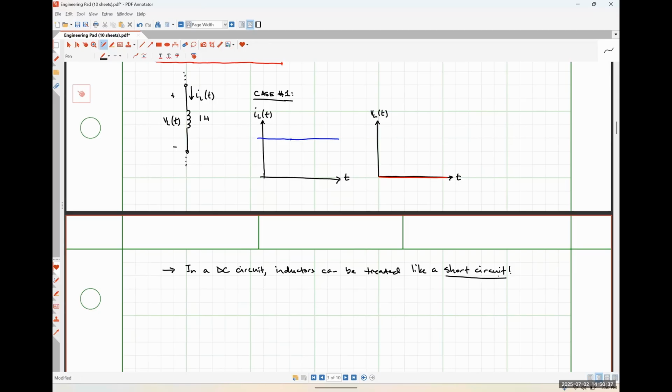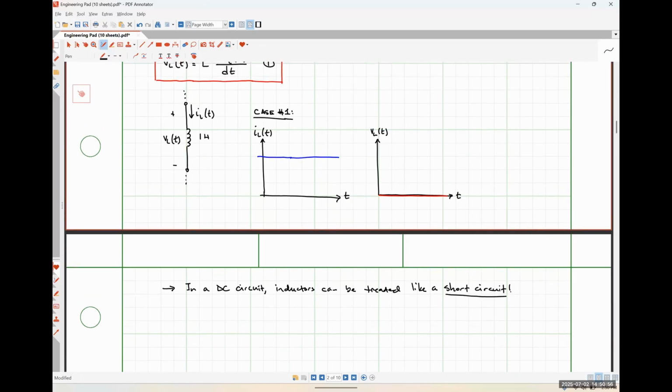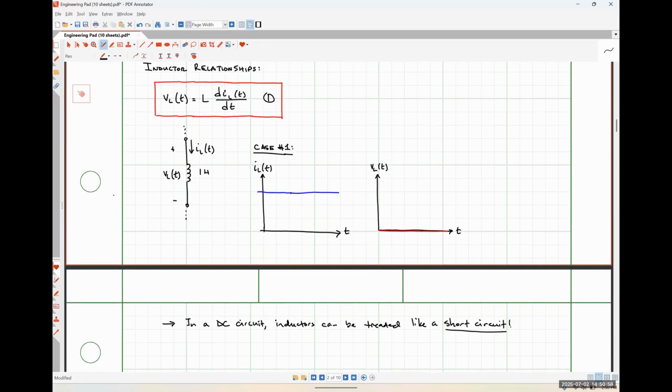And also, in DC, our coil of wire is just going to look like a piece of wire, which we treat as if they are short circuits in this class, okay? So this is the first thing that we can glean from this mathematical relationship. Voltage is equal to inductance times the derivative of the current.